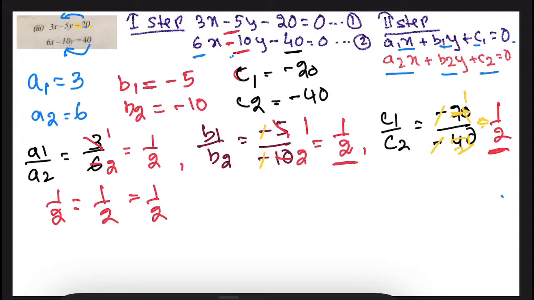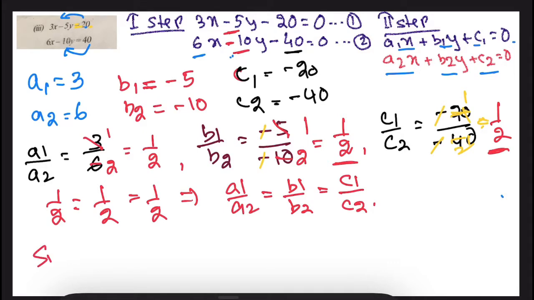That implies a1 upon a2 equals b1 upon b2 equals c1 upon c2.